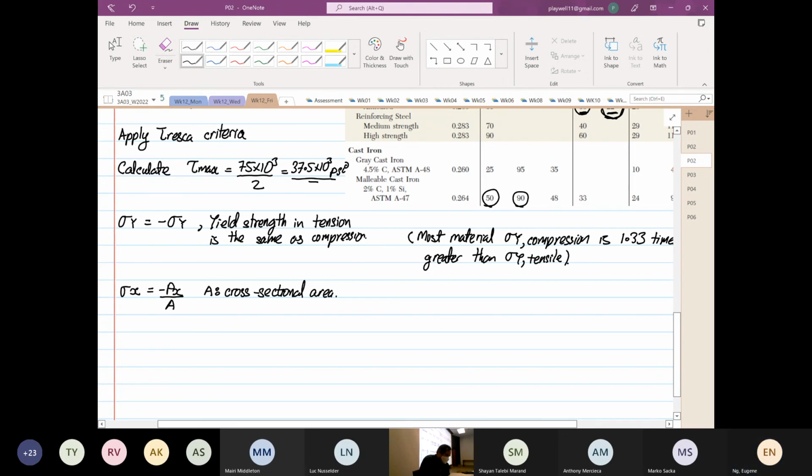The next formula is stress X equals moment Mz over Izz multiplied by Y, where Y is the radius of the shaft.